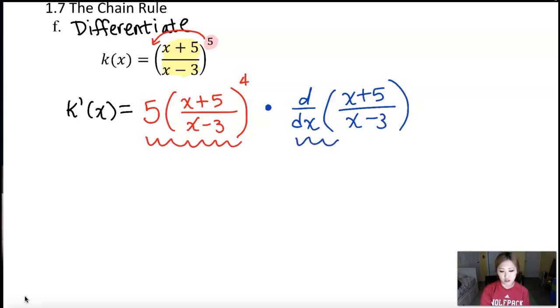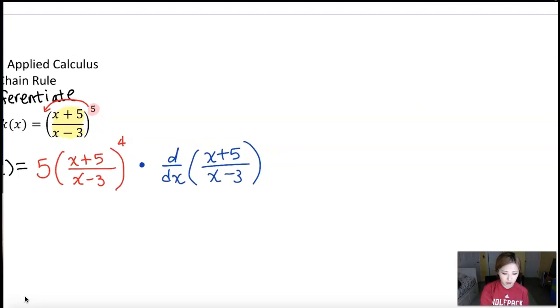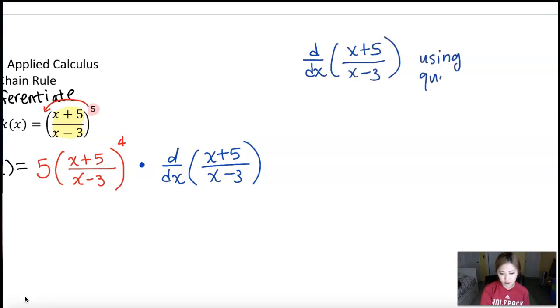You notice this is a quotient. So now we have to take the derivative of this quotient using the quotient rule, right? So let me do the work over here. Let's take the derivative of x plus 5 over x minus 3 using quotient rule.